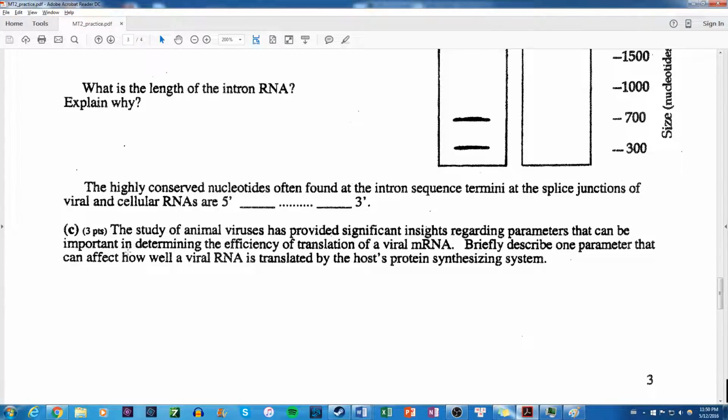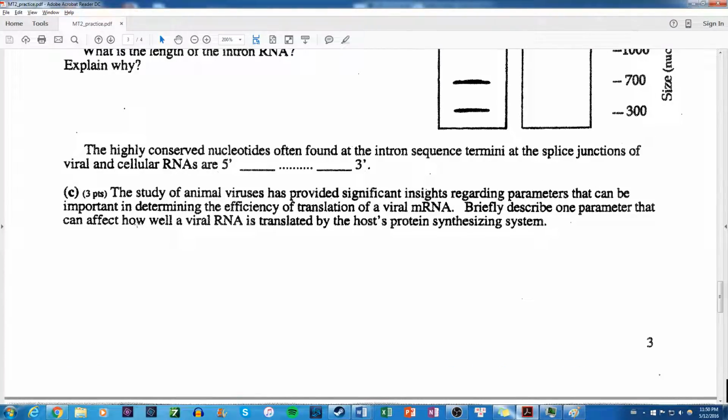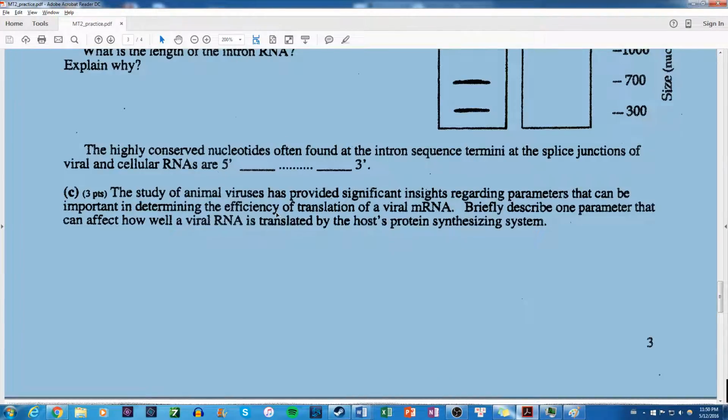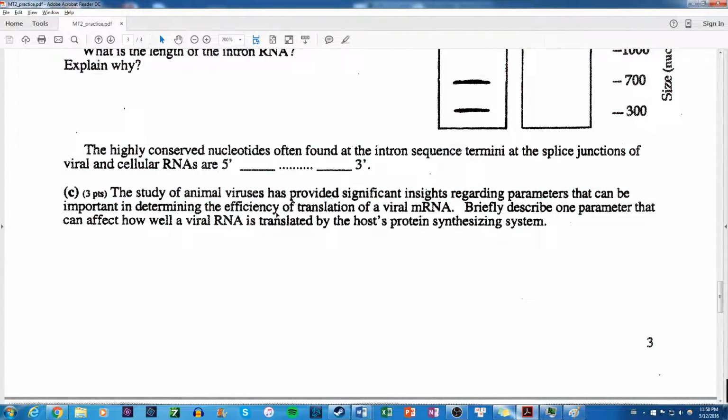Next question: the study of viruses that provide significant insights regarding parameters that can be important in determining efficiency of translation. Okay, so this question is probably taken from the Rio Verde lecture. There are two answers. The first answer is the secondary structures on the mRNA.